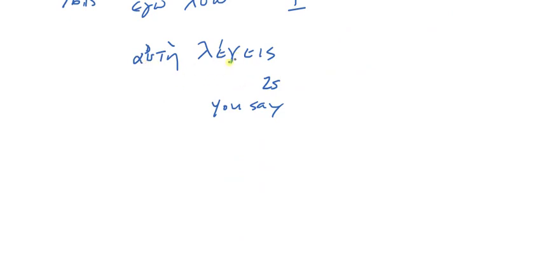Can I translate this as she says? If it were she says, it would be aute what? Lege, right? I'd have to use the third singular. Okay, so that is she says. So aute leges cannot be she says, can it?